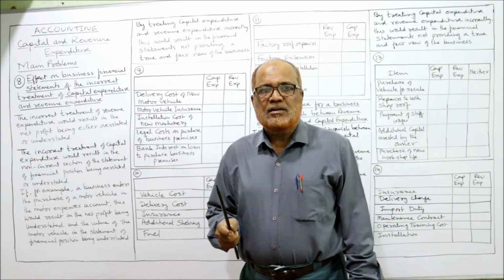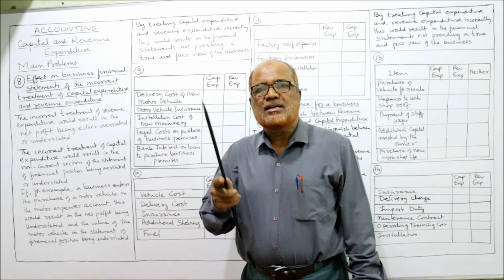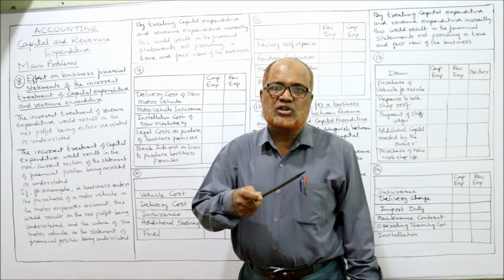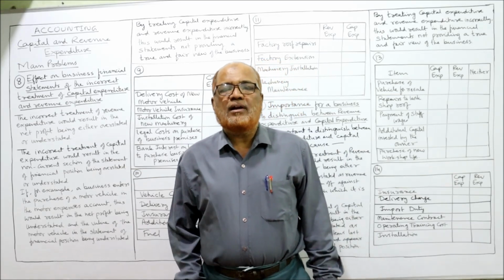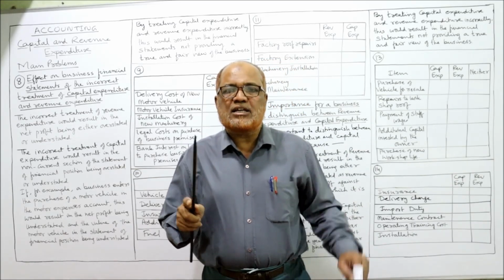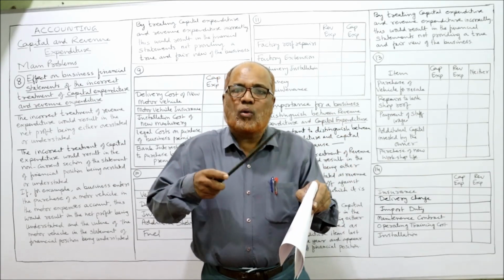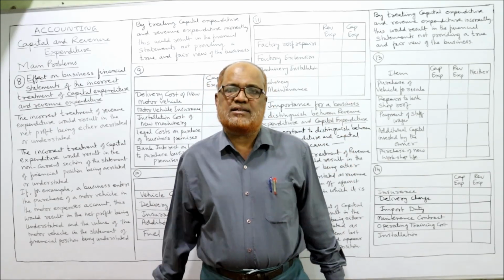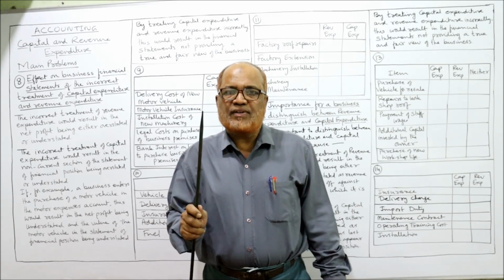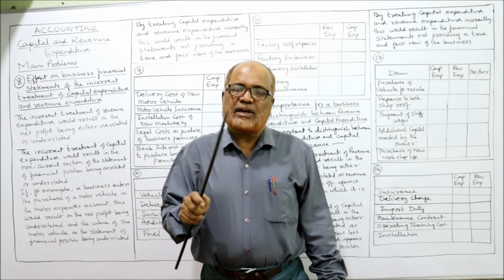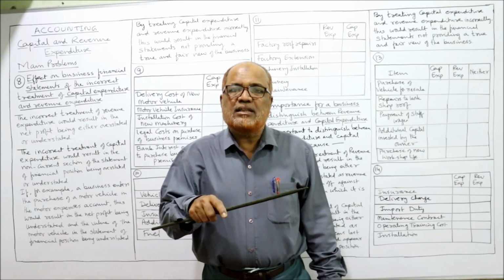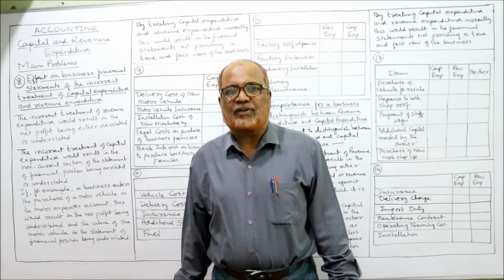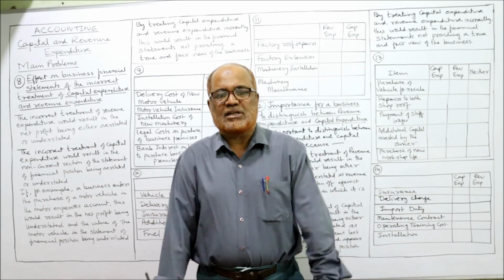If a business wrongly treats capital expenditure as revenue expenditure or revenue expenditure as capital expenditure, then definitely the profit calculated by the income statement will be either overstated or understated. The first effect: wrong treatment of capital to revenue or revenue to capital will understate or overstate the profit in the income statement.